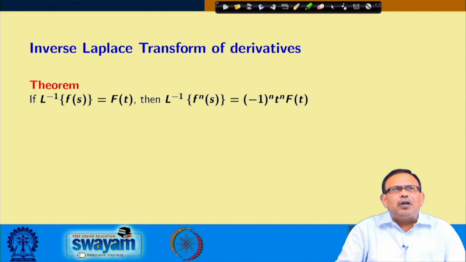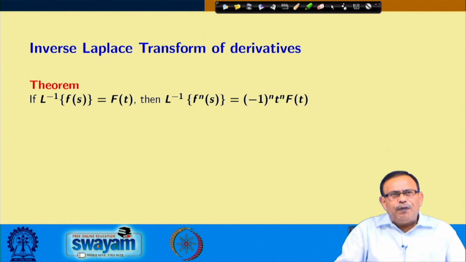Now, let us see about the derivatives of inverse Laplace transform. We have seen that if I know the Laplace transform of a function, from the theorem I can tell what would be the Laplace transform of derivatives, or in particular the nth derivative of a function. Similarly, here also I can find the inverse Laplace transform of derivatives.